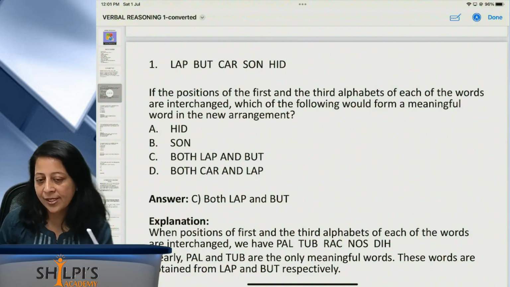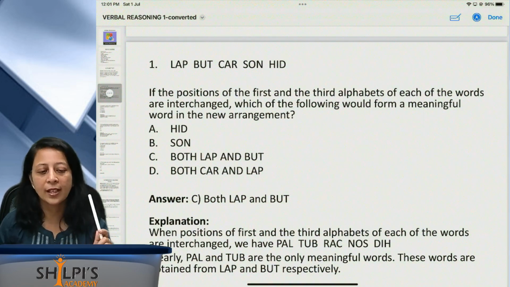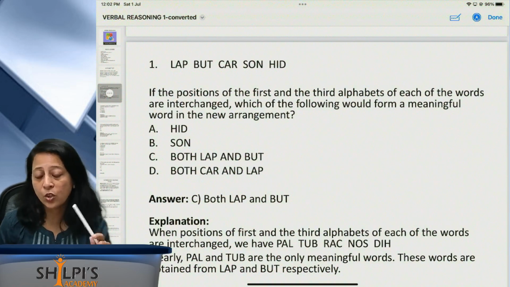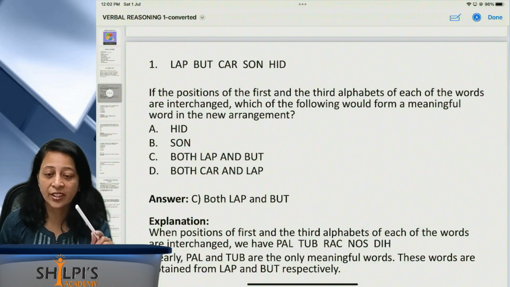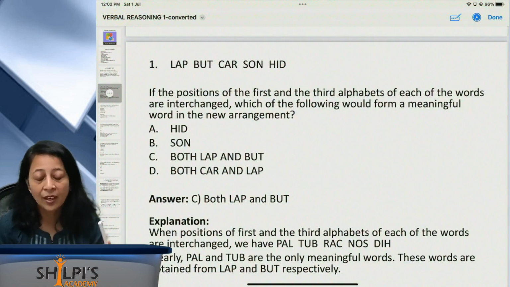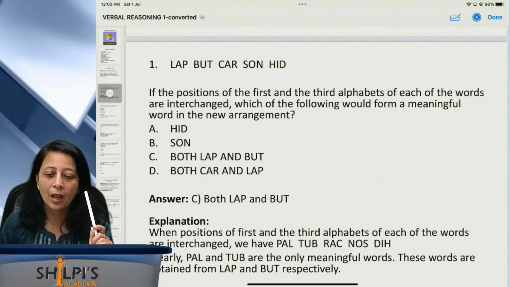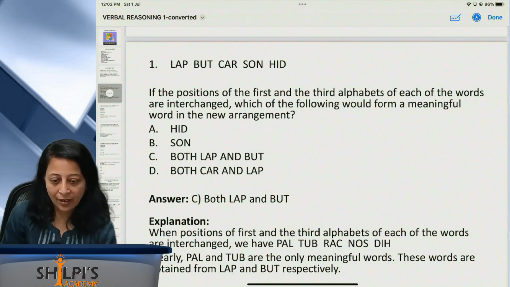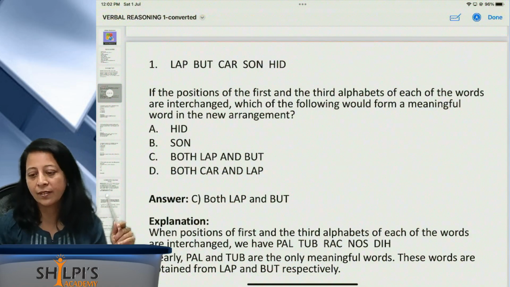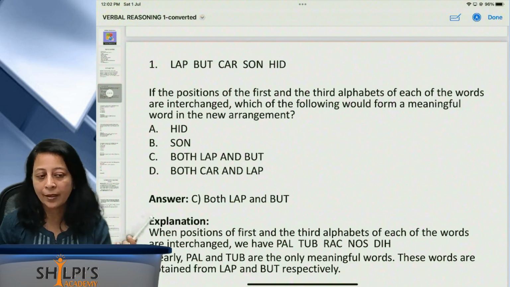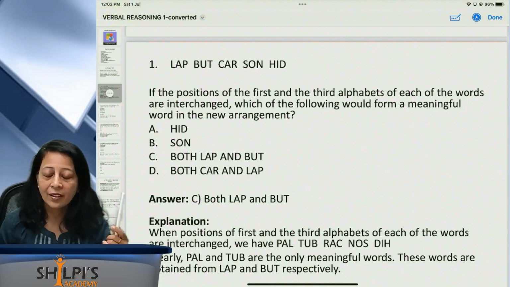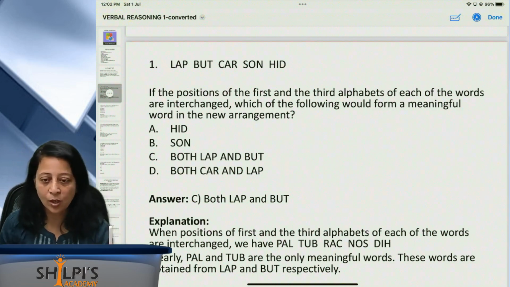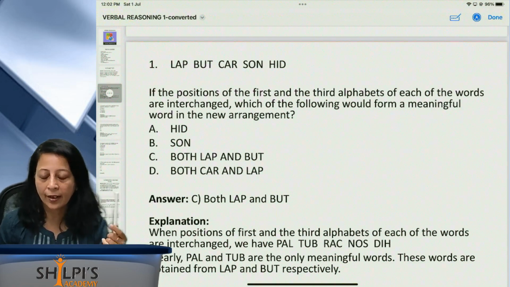Whether all these words have meaning or not, there is no need for us to find it out. What they told is, after interchanging the alphabets, let's see that it makes a meaningful word. So lap, when you interchange, becomes pal. Pal means friend, right? So pal is a word that we use in our common day-to-day life. And but turns into tub. So tub is also a word that we use in our regular day-to-day life.